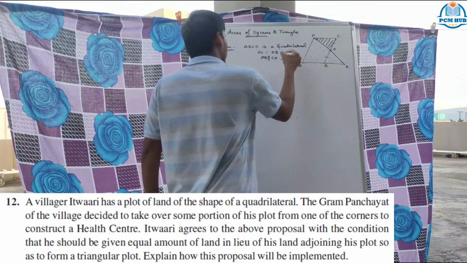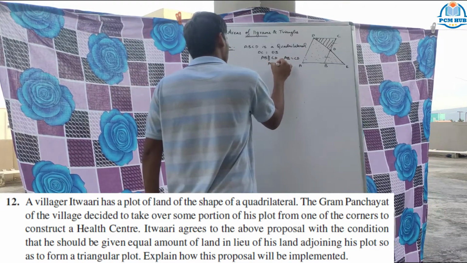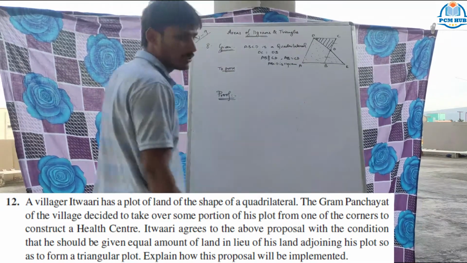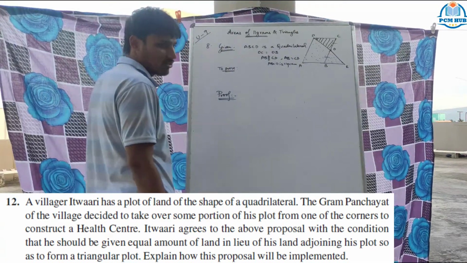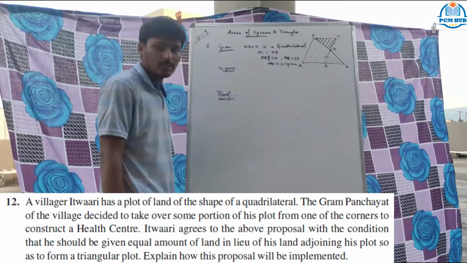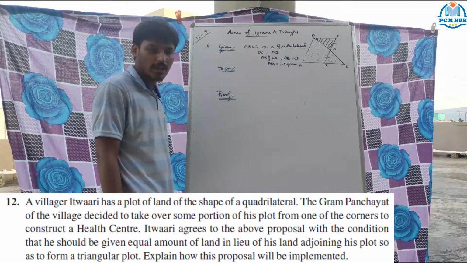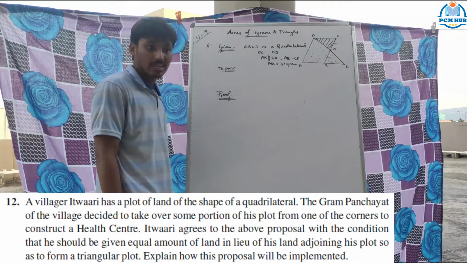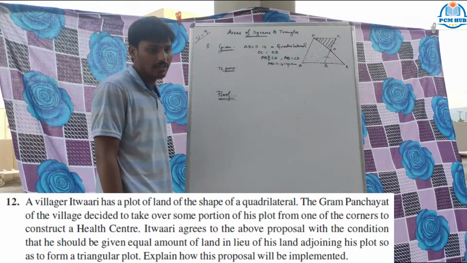Therefore, we are taking that ABCD is a parallelogram. We are taking this for time constraint, because we are not taking vague lands. Generally, lands are present in the form of parallelograms, squares, rectangles or L-shaped figures. They don't form in irregular forms.